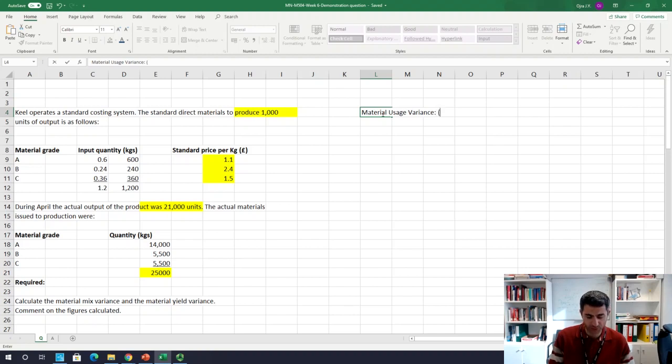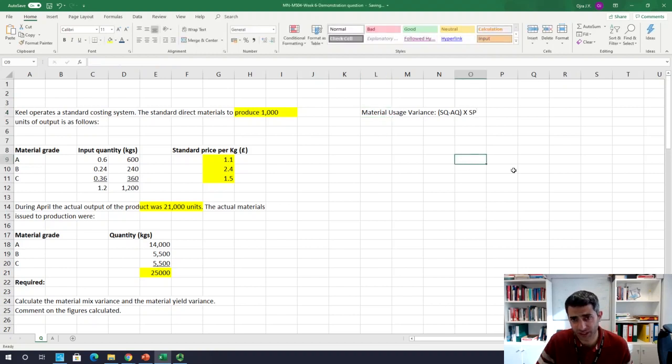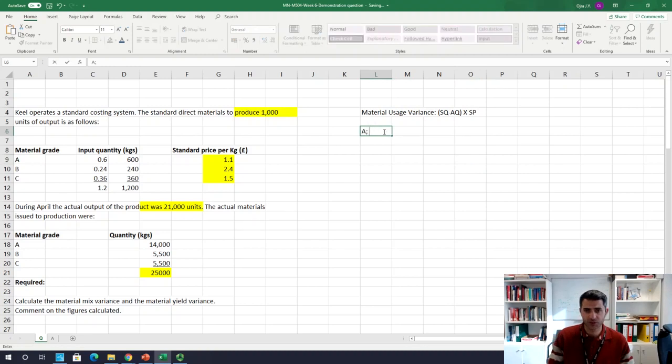If you remember the formula, standard quantity minus actual quantity times standard price. As you see, this formula you need to do for A, B, and C. So let's start with A. What is the standard quantity for A?